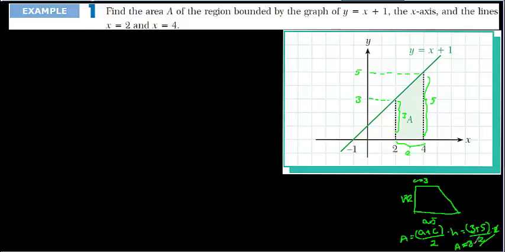By using the trapezoid properties, I can find that this area is equal to 8.